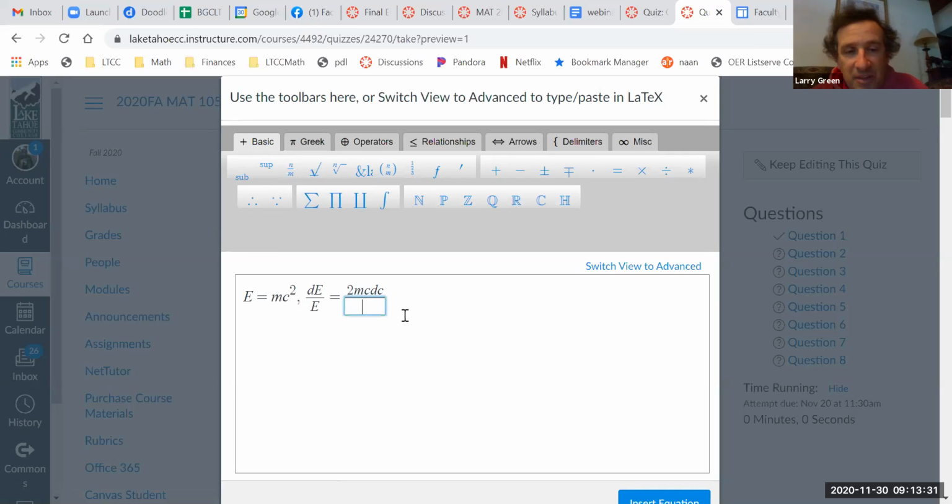And then E was mc squared. Anyone lost on that right now? Okay. So now it's called algebra, very basic algebra. If you simplify that, what do you get?